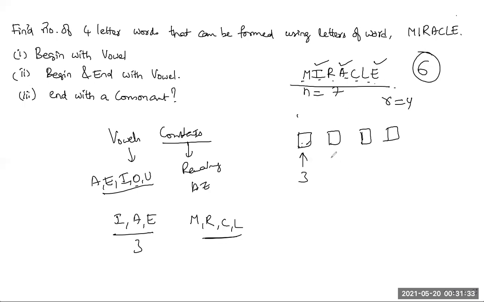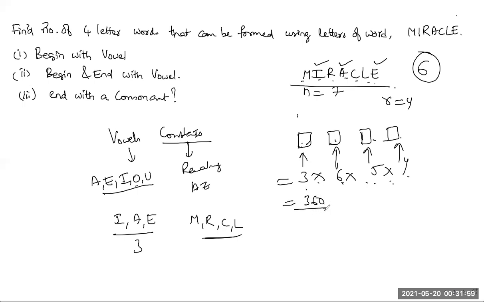So this can be filled in 6 ways, this in 5 ways, this in 4 ways, because we don't care if the last 3 letters are vowels or consonants. So the total number of words that can be formed is 3 into 6 into 5 into 4. 5 4s are 20, 20 6s are 120, 120 3s are 360.